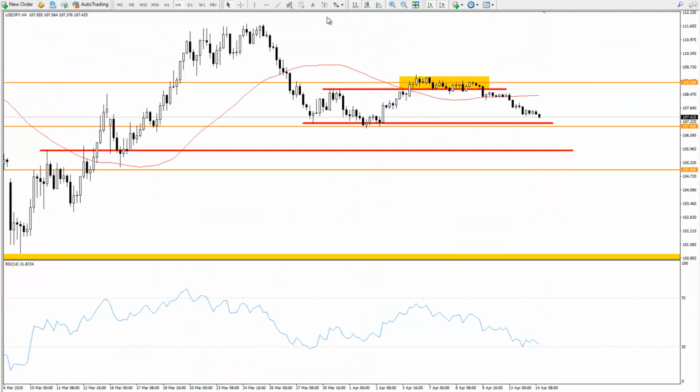Dollar yen, in a way, it looks like the reverse of the other charts. That's natural because obviously the dollar is the numerator this time instead of the denominator. What we can see here is that we had a big drop, put in a double bottom pattern. In theory, the double bottom should have, and the move through the moving average again.